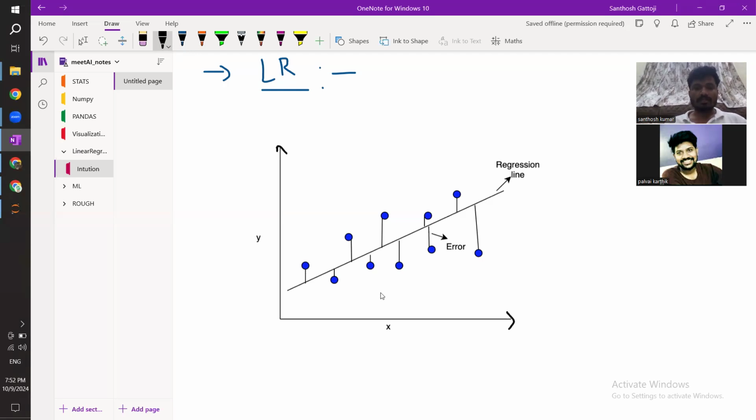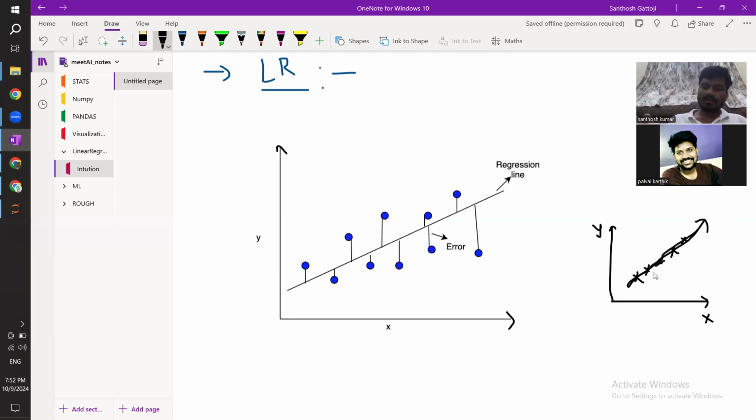No, right? So for example, if you're having points like this, which are in a perfect straight line, this is also linear regression because we want a linear relationship to exist between input and output. So we are having a perfect linear regression.